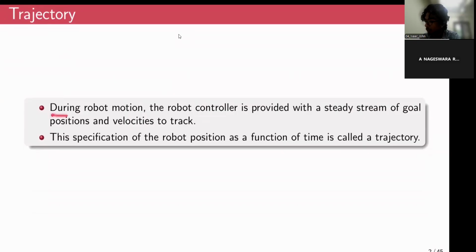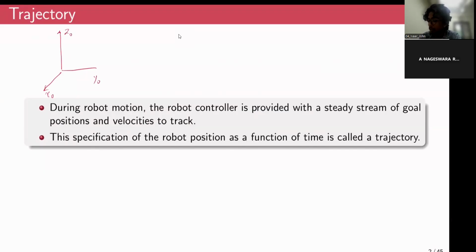It says during robot motion, the robot controller is provided with a steady stream of goal positions and velocities to track. So in case of a typical robotic manipulator, you will have a ground fixed frame of reference, maybe x0, y0, and z0.